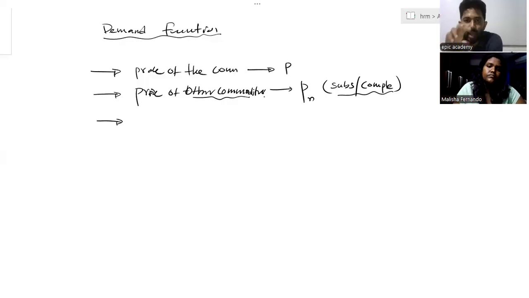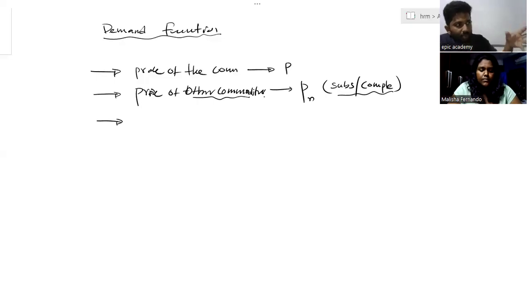If you are going to buy a mobile phone, you have to buy a SIM card. Without a SIM card, the usage of the mobile phone is going to be zero. Yes, so those are complements. If combined together, we call them complementary commodities.